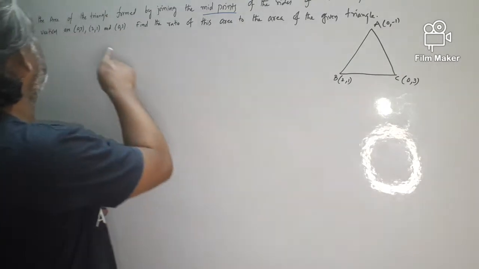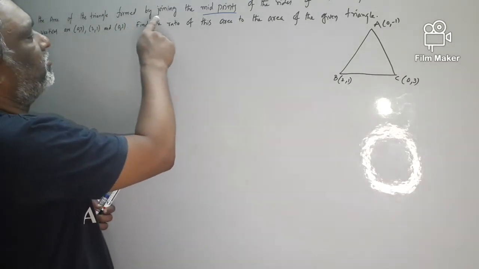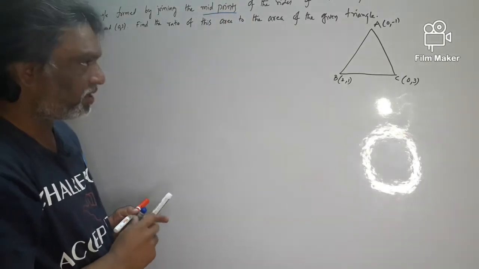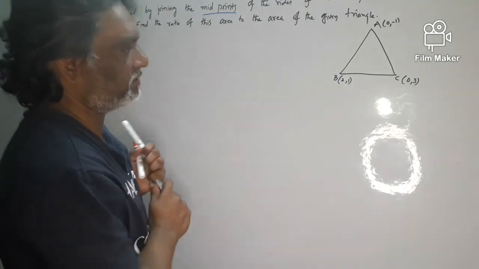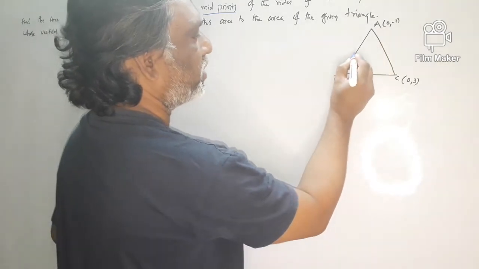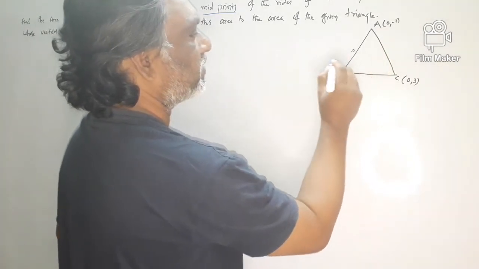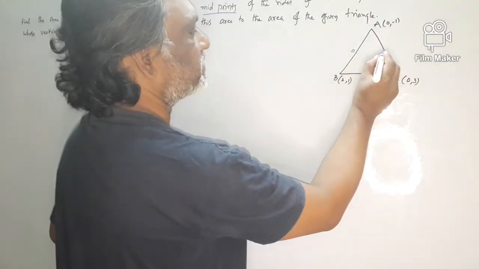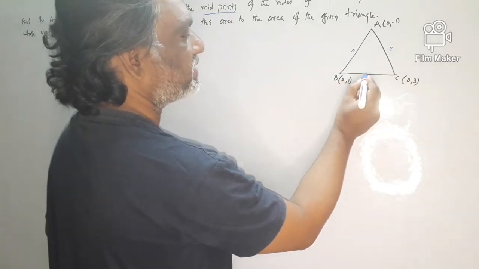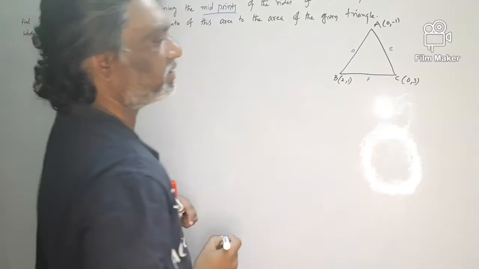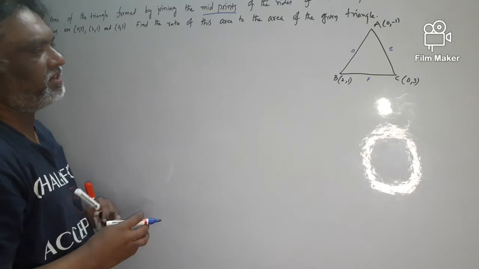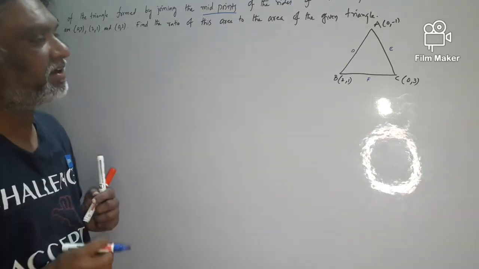Now, the midpoints of the sides. Suppose AB midpoint is D, AC midpoint is E, BC midpoint is F. These three are the midpoints of the sides of the given triangle.